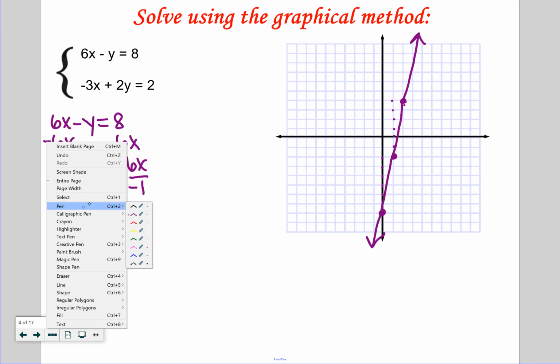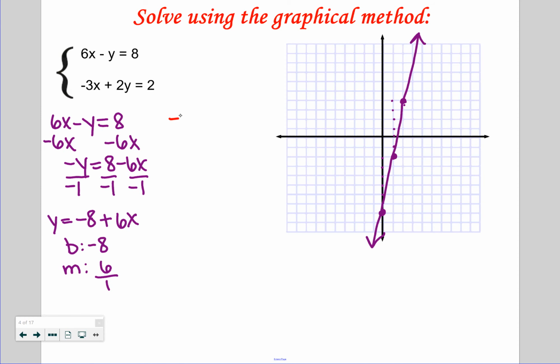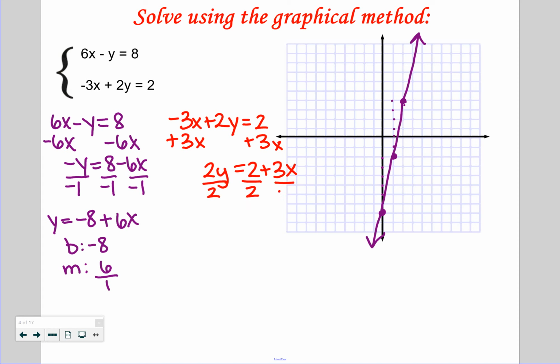Let's do the second equation. My second equation is negative 3x plus 2y equals 2. To get the y alone, I'm going to add 3x on each side. 2y equals 2 plus 3x. And then from there, divide everything by 2. Y equals 2 divided by 2 gives me 1 plus 3 halves x.